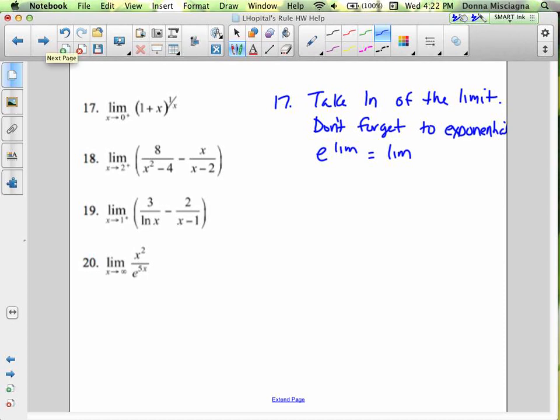All right? And 18 and 19, if they are indeterminate, they are type infinity minus infinity. Regardless of whether they're indeterminate or not, you're going to do the same thing for both of those.